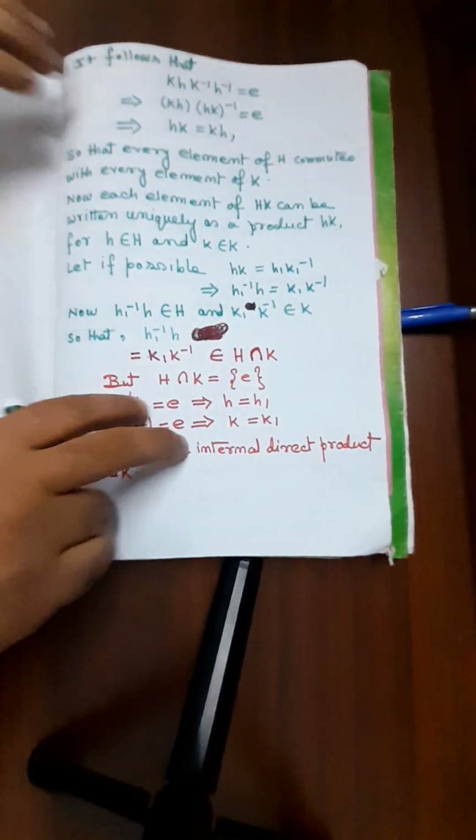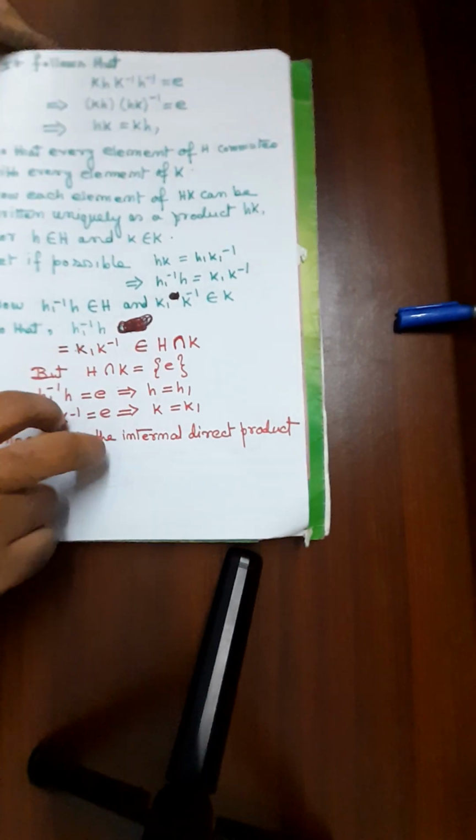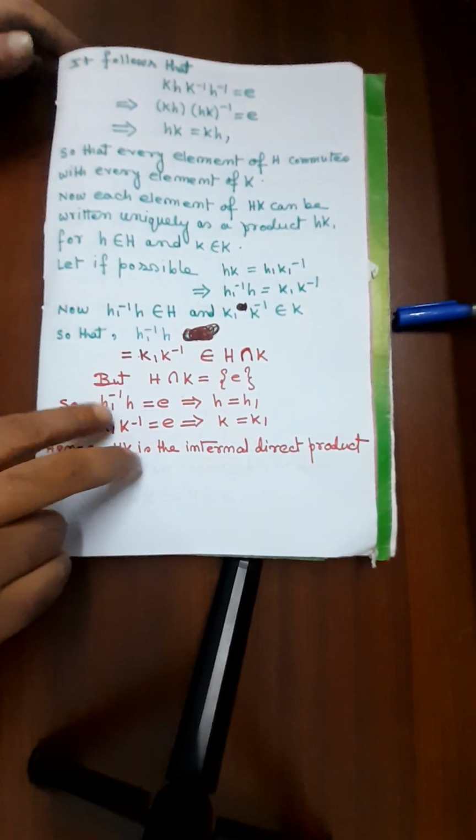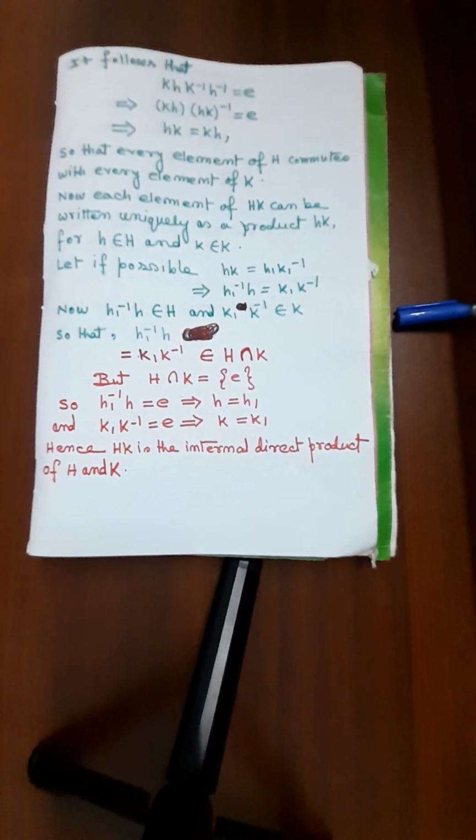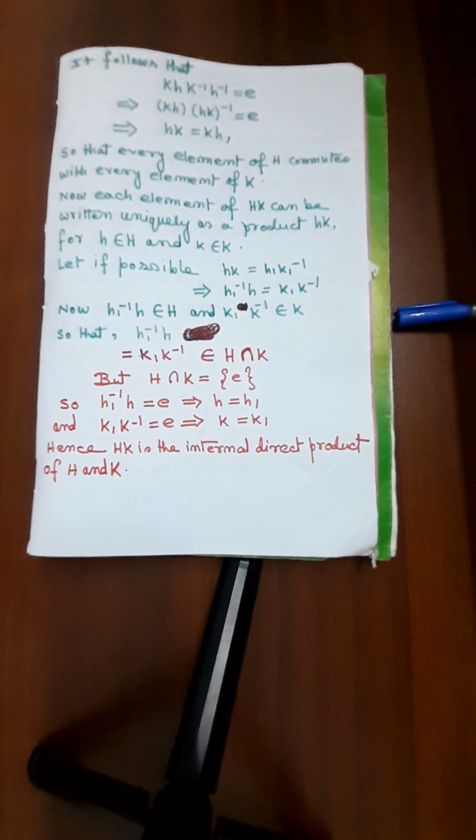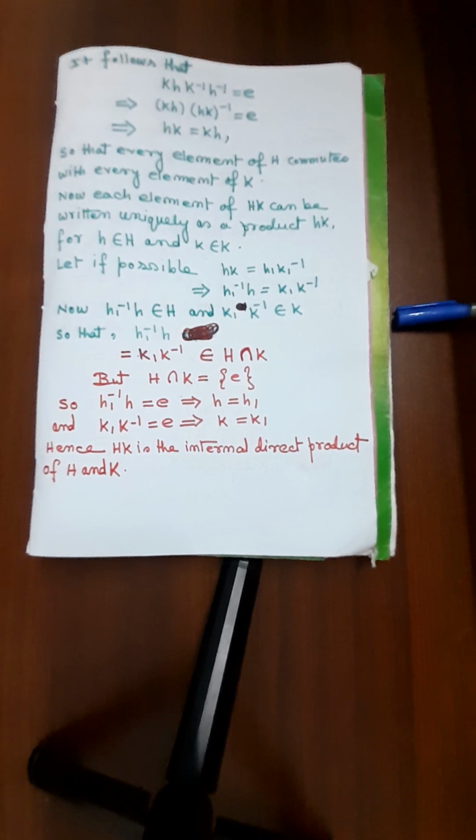So what does it mean? It means if we write k inverse h inverse equal to e, then we can separate k h and h k inverse equal to e. That means hk equals kh, so every element of H commutes with every element of K.